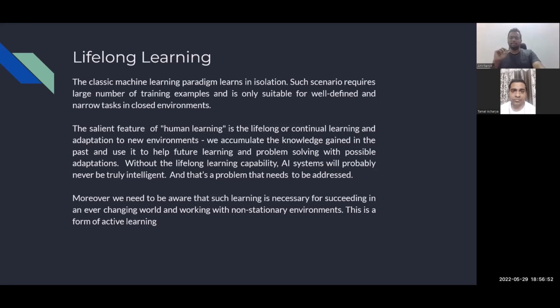What that means is it is hidden from every other data, because right now there's no foundation model so far which can serve as a continual basis, and there's no lifelong learning so far that has been developed correctly. So without the lifelong learning capability, an AI system will probably never be intelligent.